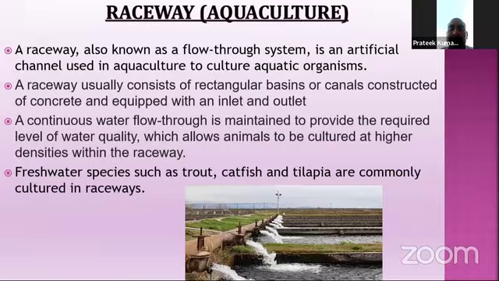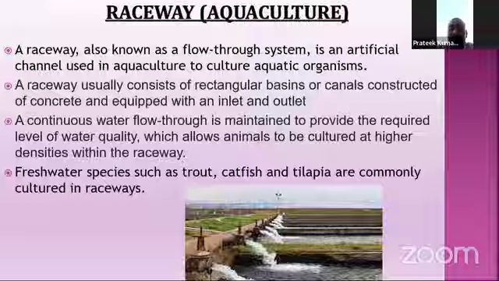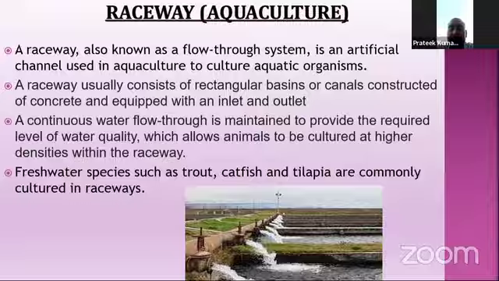Raceway culture system, raceway also known as flow-through system. This is very essential. I want to explain and tell all of you that this type of culture system is rarely and mostly used for the production system. The raceway, also known as a flow-through system, is an artificial channel used in aquaculture to culture aquatic organisms. A raceway usually consists of rectangular basins or canals constructed of concrete and equipped with an inlet and outlet.